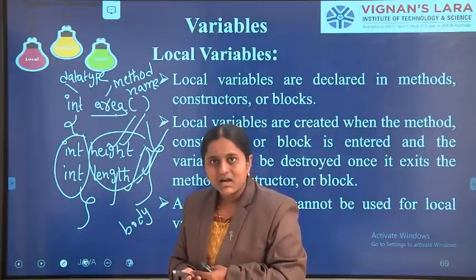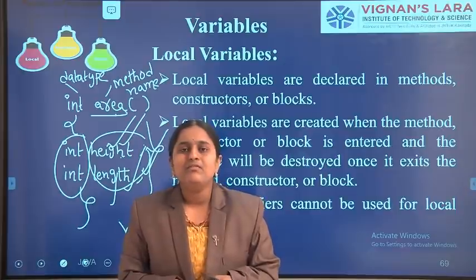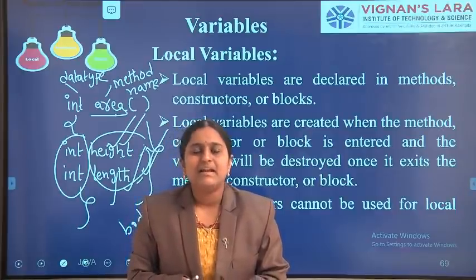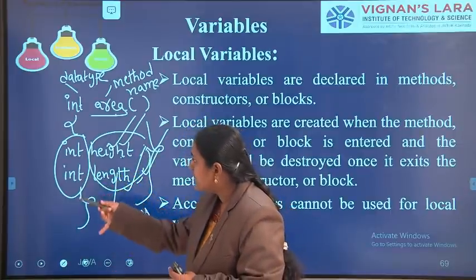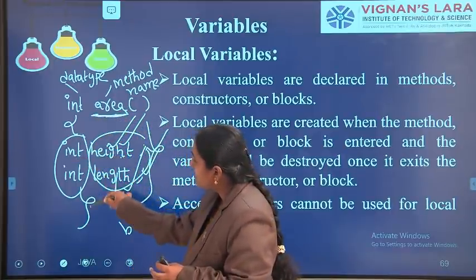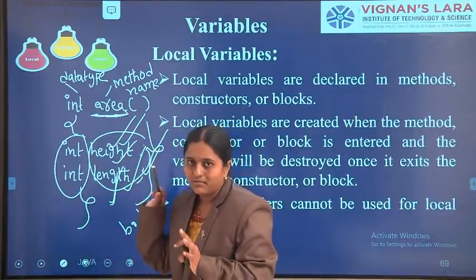Why can we say these two variables are local variables? Because they are defined within the method, within the area method. That's why we simply call height and length local variables.